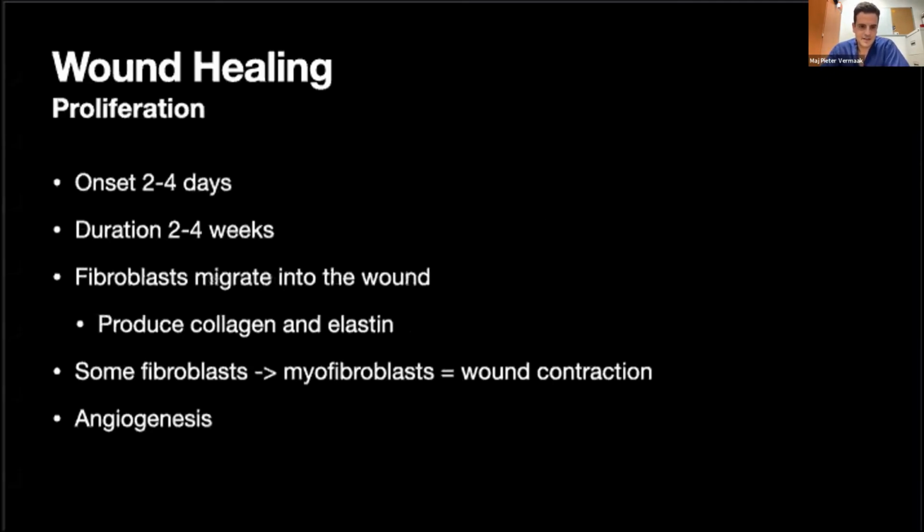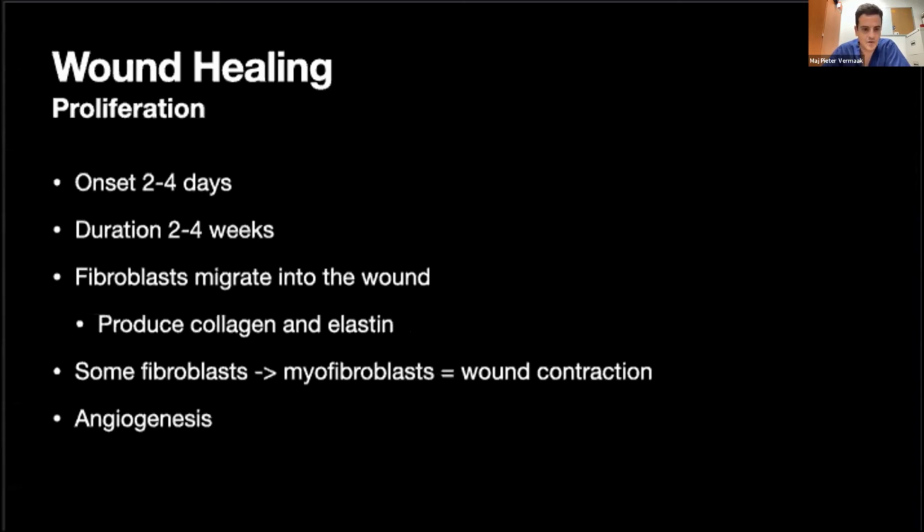The next stage is proliferation. It starts about 2 to 4 days in and then continues for 2 to 4 weeks. That's when you get more fibroblasts moving into the wound, and that's what starts strengthening the wound.